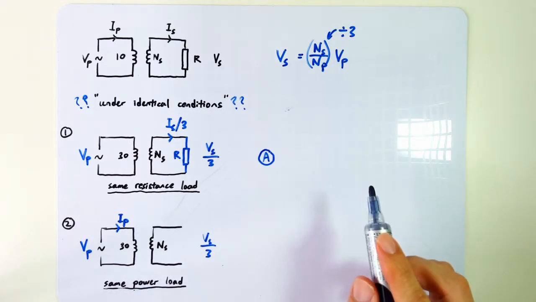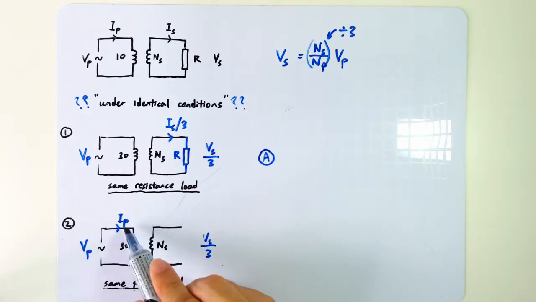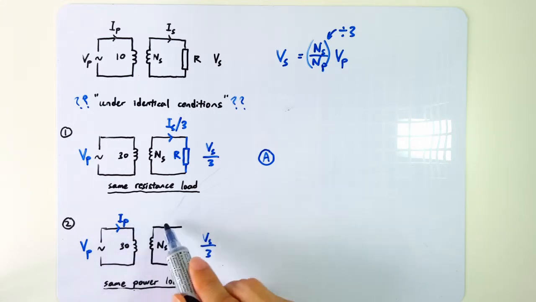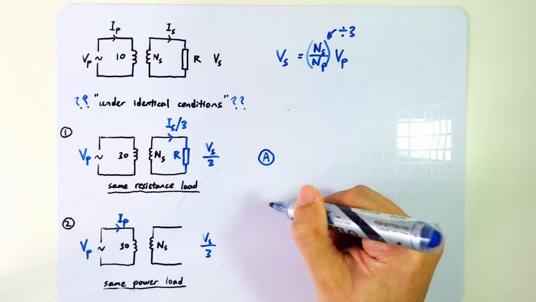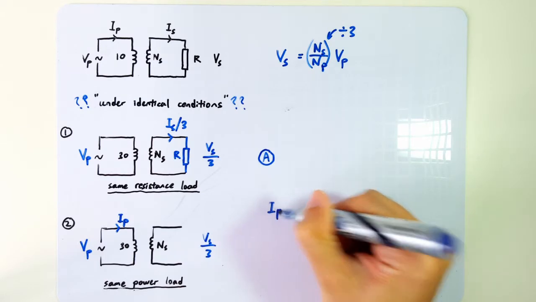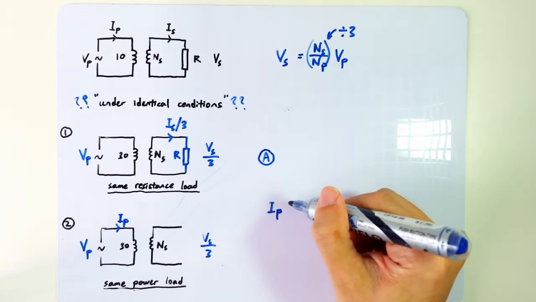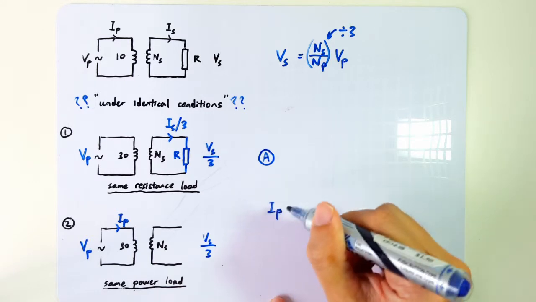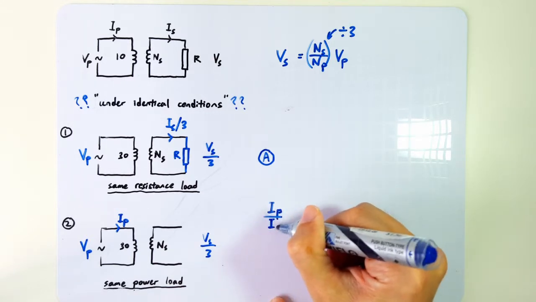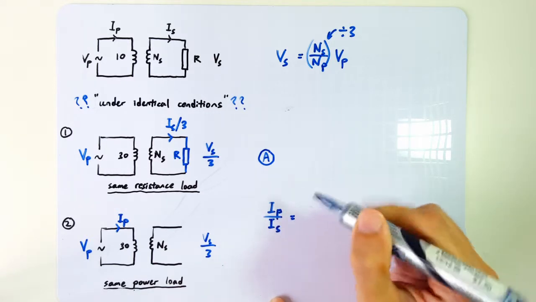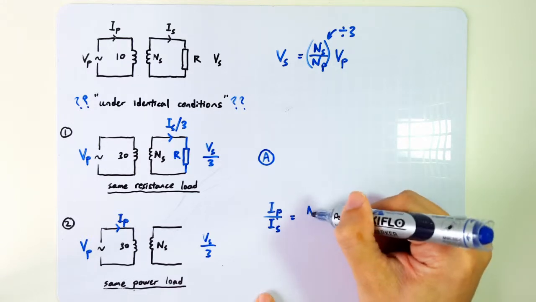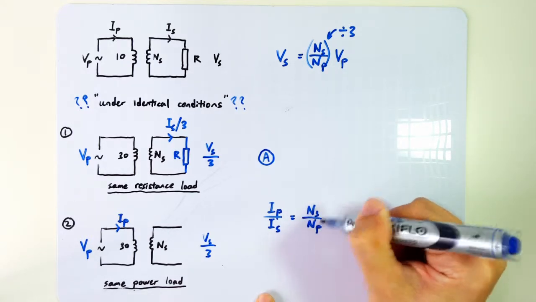So if that's the case, then we can use the turn ratio to determine the new secondary current. Very easy. The ratio of the currents is also related to the turn ratio, but it's the inverse turn ratio.